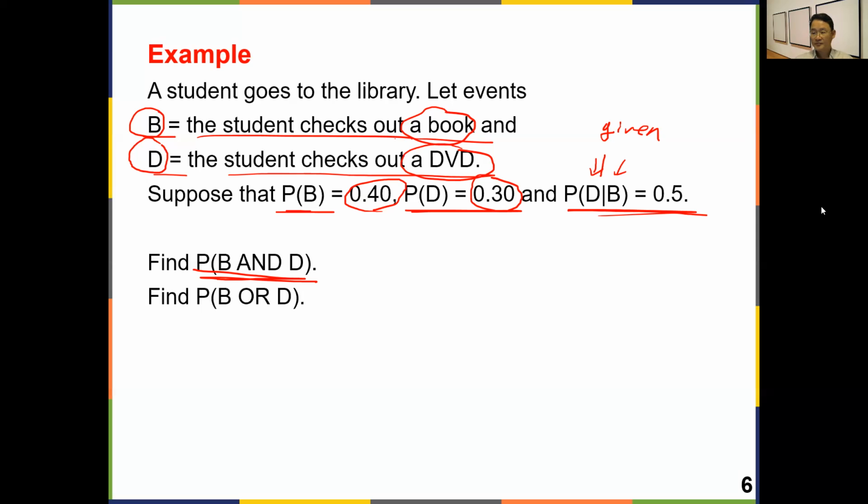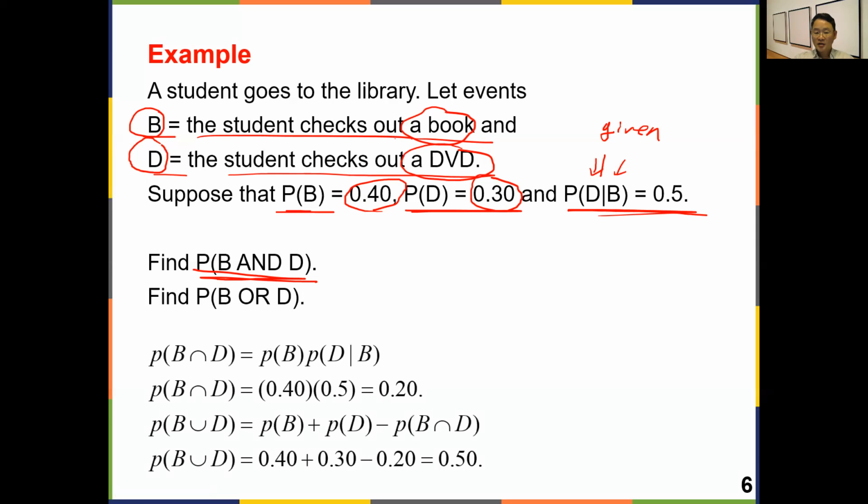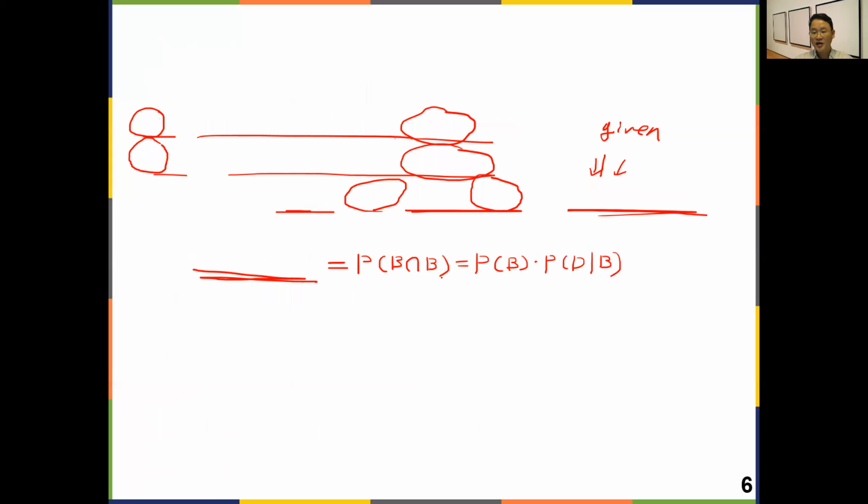Let's see. Probability of B and D. This must be equal to probability of B times probability of D given B. Why? Because of the multiplication rule.